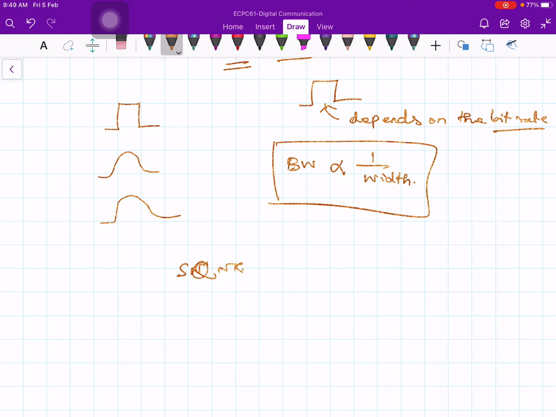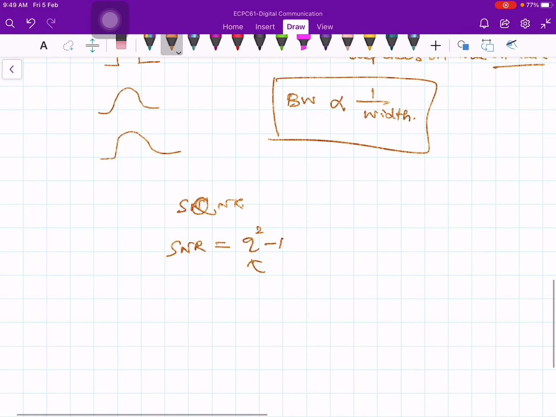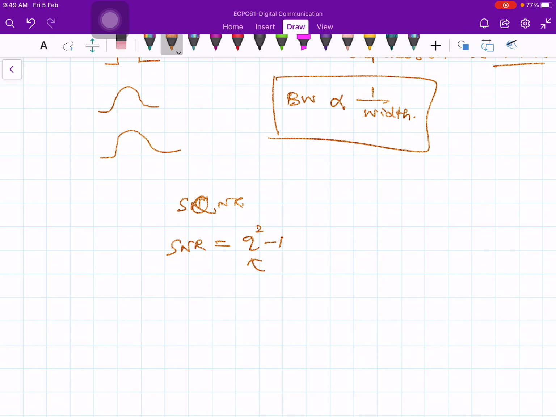The signal to noise ratio is equal to Q squared minus 1. What is Q? Q is the number of quantization levels, and Q is typically large in a communication system, so we can more or less assume this is equal to Q squared.